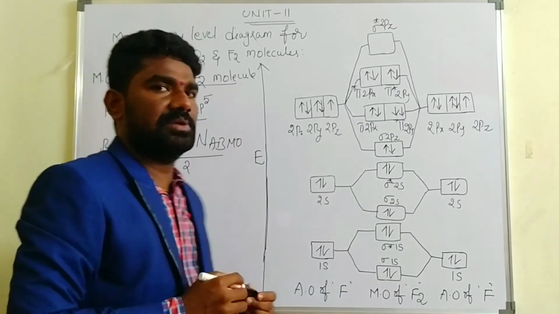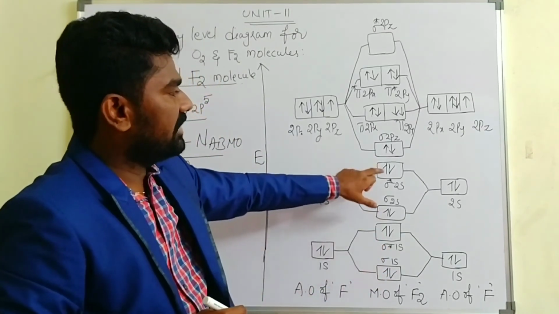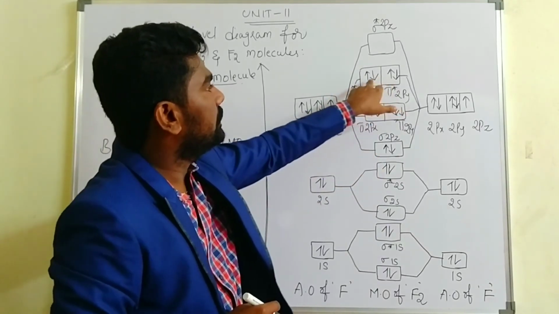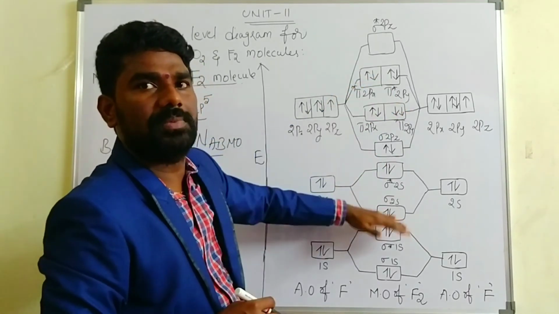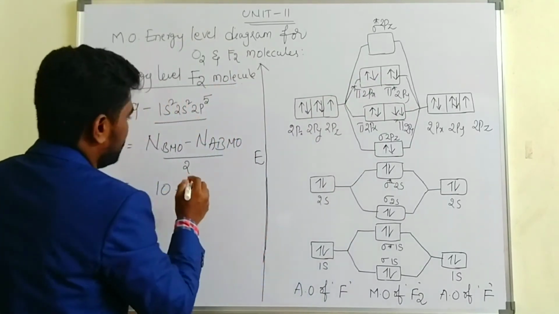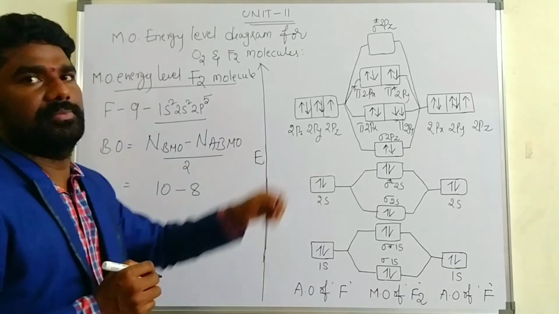Coming to the anti-bonding molecular orbitals, we have 2 electrons here, 2 here, 2 plus 2, 4, and here we have 4, so 4 plus 4, 8 electrons are present in the anti-bonding molecular orbitals.